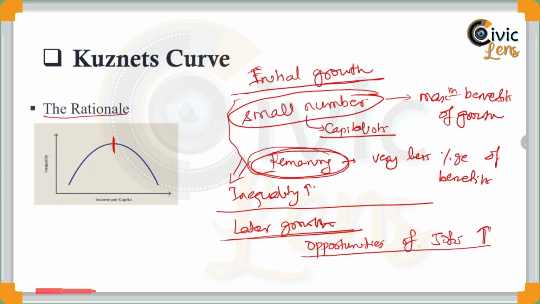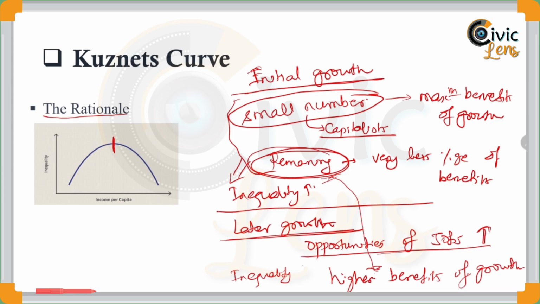So for them, opportunities of jobs and other economic activities start increasing. That means this remaining population starts getting higher benefits of growth, right? So that's how the income inequality starts decreasing, right? So this is the rationale behind the Kuznets curve, right?